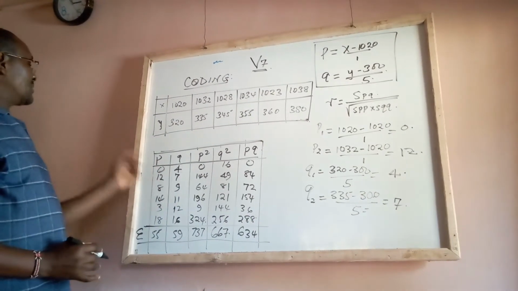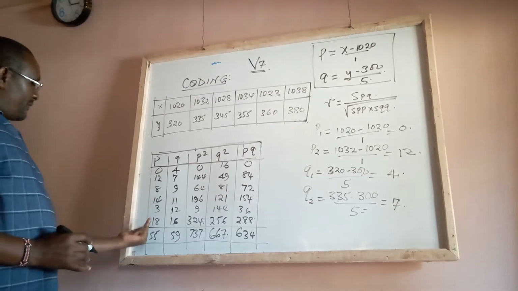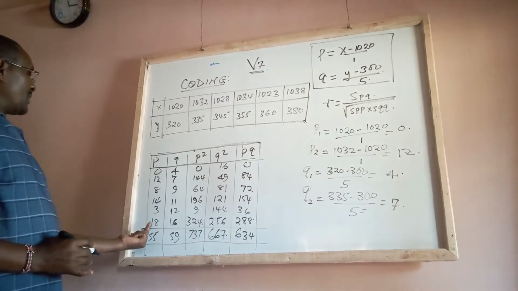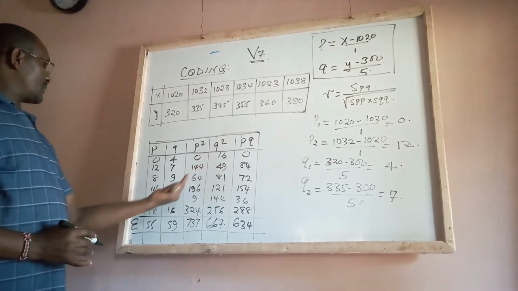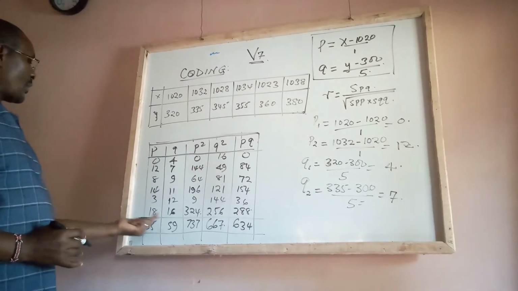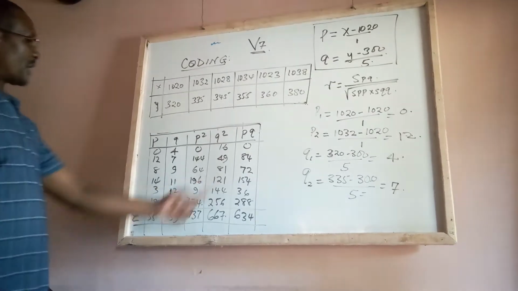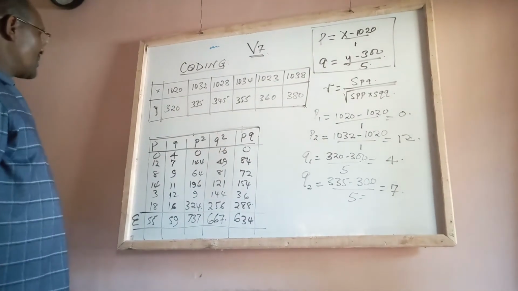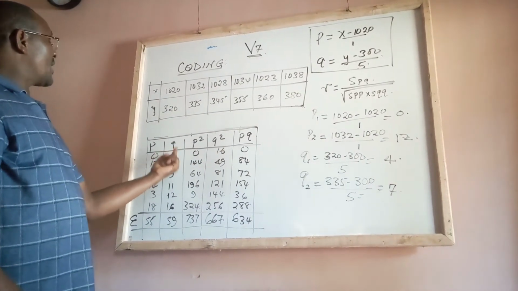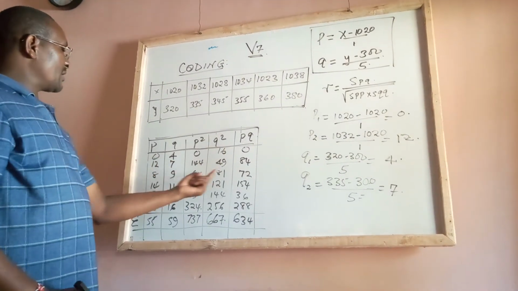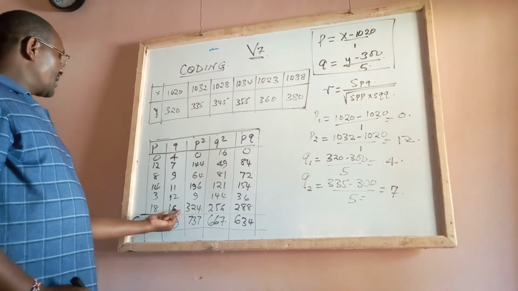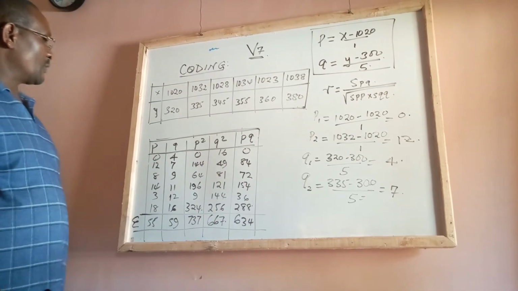Of course, to get p squared, we square every corresponding value of p. So 0 squared gives us 0, 12 squared gives us 144, all the way until 18 squared gives us 324. To get q squared, you do likewise to the q, which is now the new coded value. 4 squared gives us 16, 7 squared gives us 49, all the way until 16 squared gives us 256.